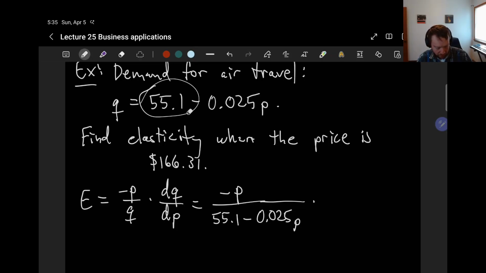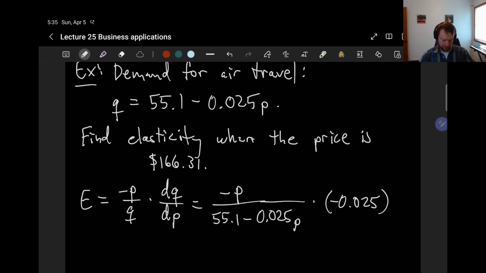Well, this 55 will go away, and we'll just be dealing with that part. It's just that constant is the derivative. So this is the general formula for elasticity. But now we need to plug in this particular price to find out the elasticity when we're at that point.